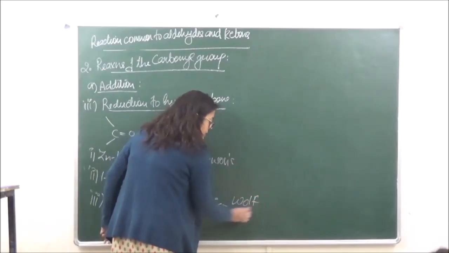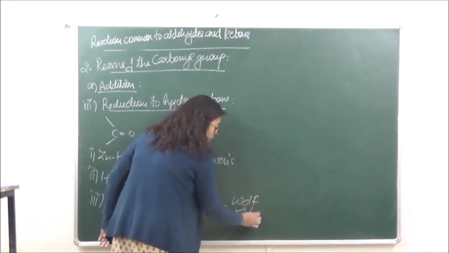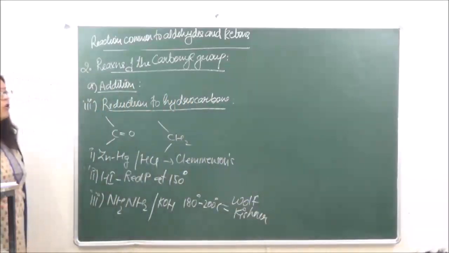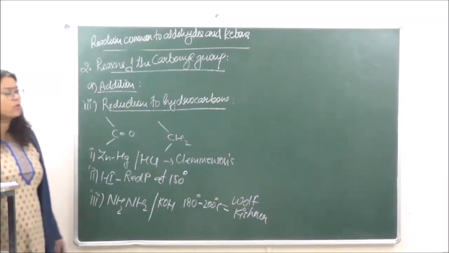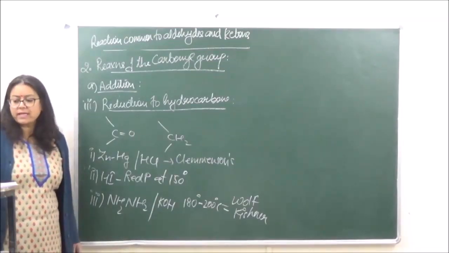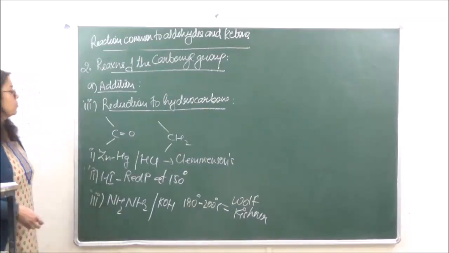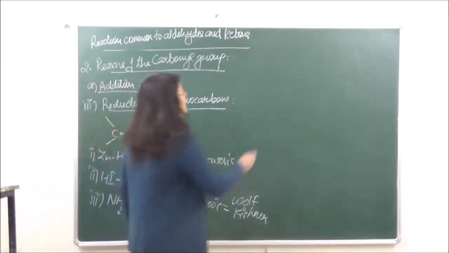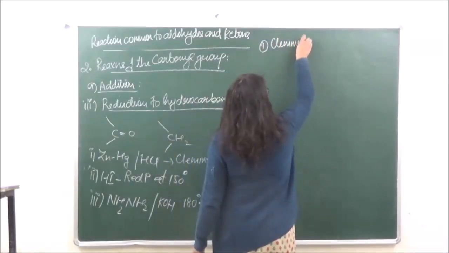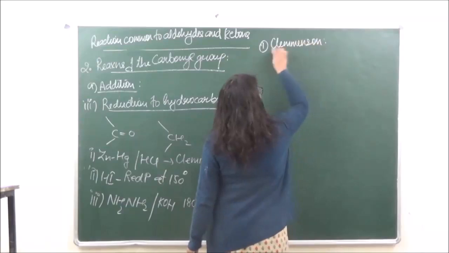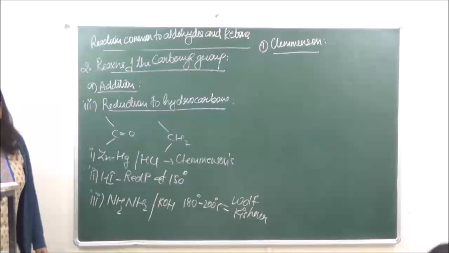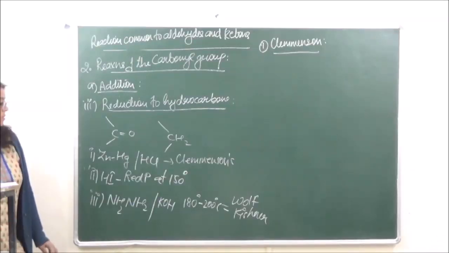In all the cases you will see that the products are going to be the same. It's only the name that is going to be different because different scientists had given the reaction. So let's go on to the first type, Clemmensen reduction. The reducing agent which we are using is zinc mercury amalgam in presence of concentrated HCl.